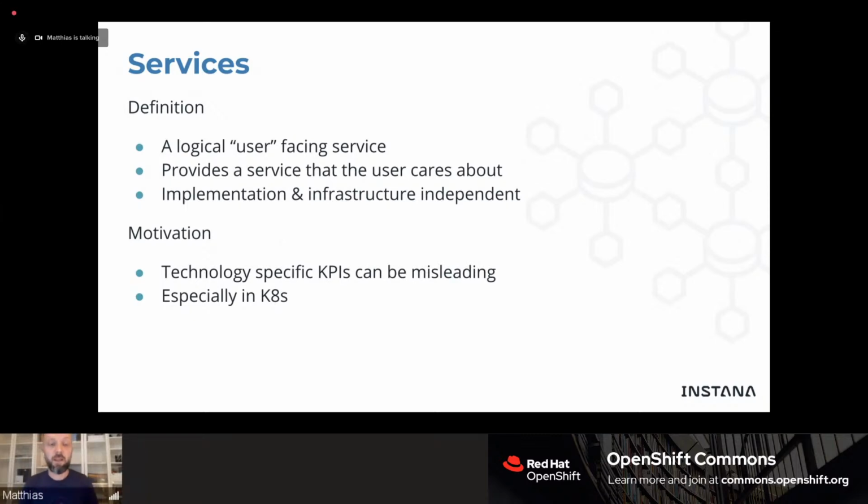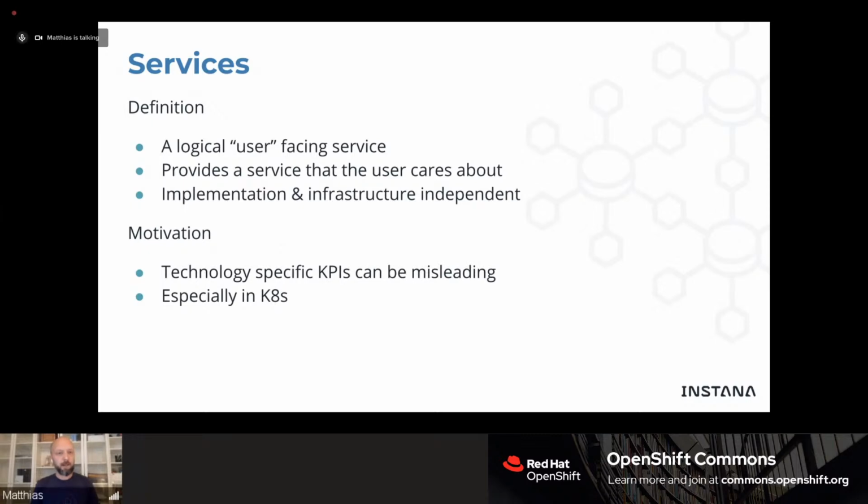It's implementation and infrastructure independent, and we care about what the service provides to the user. We've also got these SLIs and SLOs, which will work perfectly with it. The important piece is that it's a logical unit that serves a user a service.